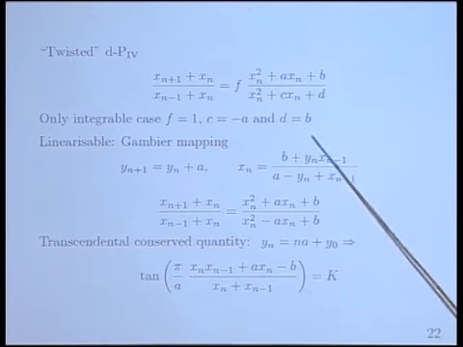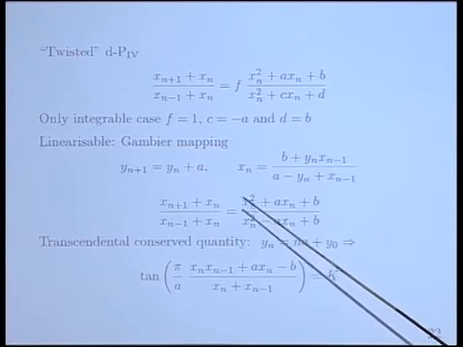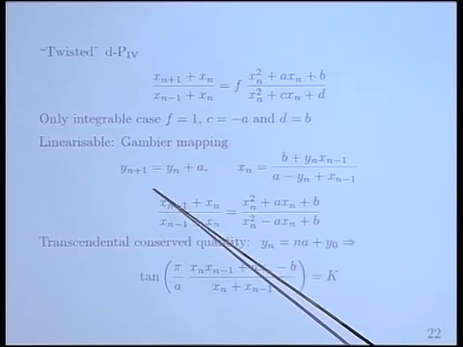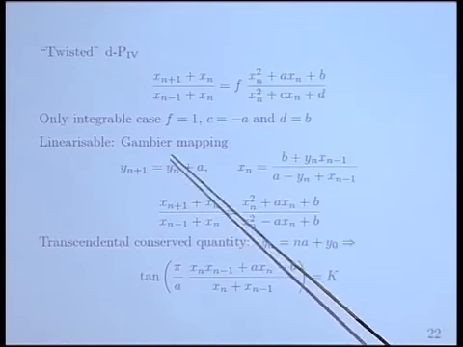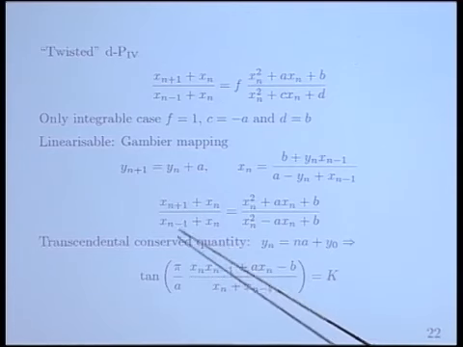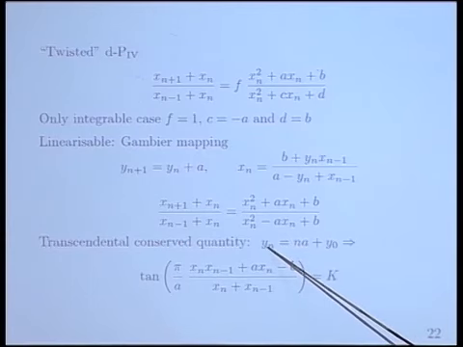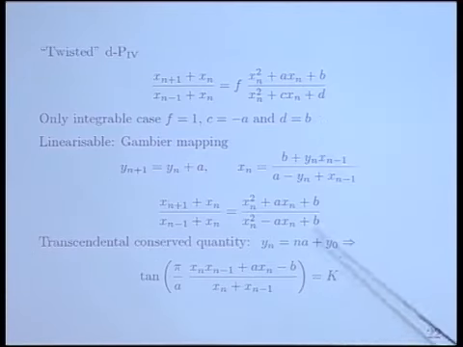So it's not so interesting. Well, what is amusing is that the Gambier mapping that is used to linearize it is just this. This means that you can write some kind of a transcendental conserved quantity by taking the tangent of yn.